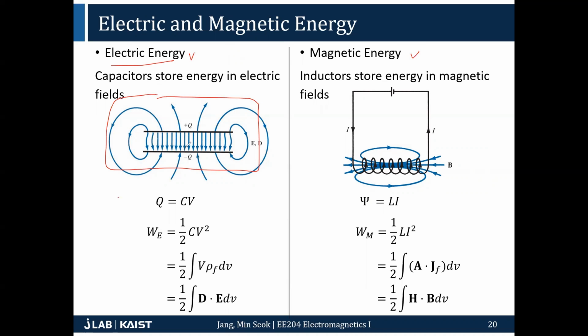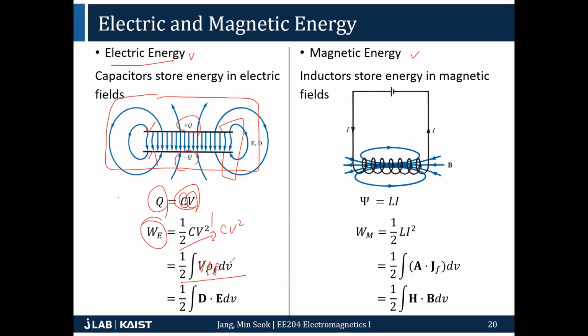Here we store charges at each conducting plate, and the charge amount is basically CV, capacitance times the voltage applied between the plates. The energy in this case is 1/2 CV squared, and this can also be written as this: V times rho F.